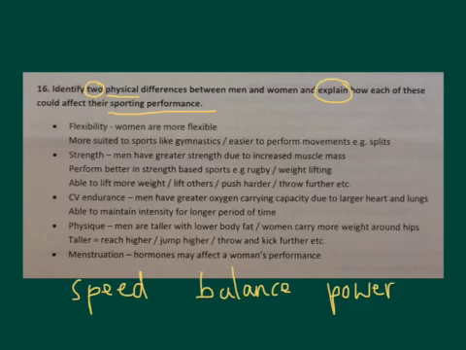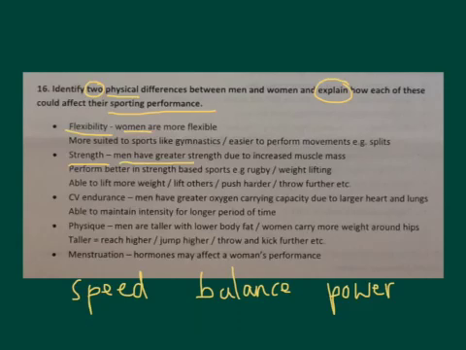In each part of the mark scheme, it tells you an example of something that is a difference. So for example, flexibility, and which gender is generally more flexible. With flexibility, it's women. Same underneath, strength, men have greater strength. Then we're looking at explaining how it could affect performance.